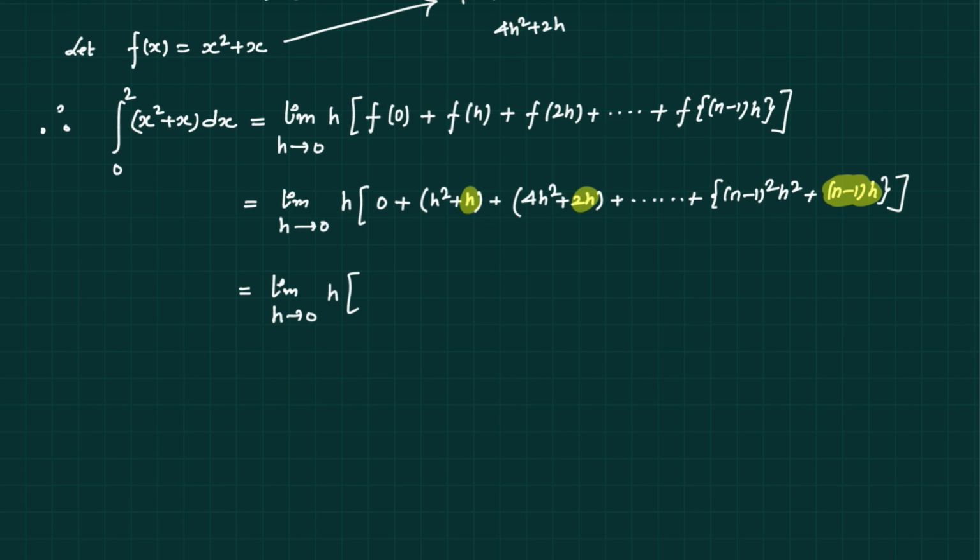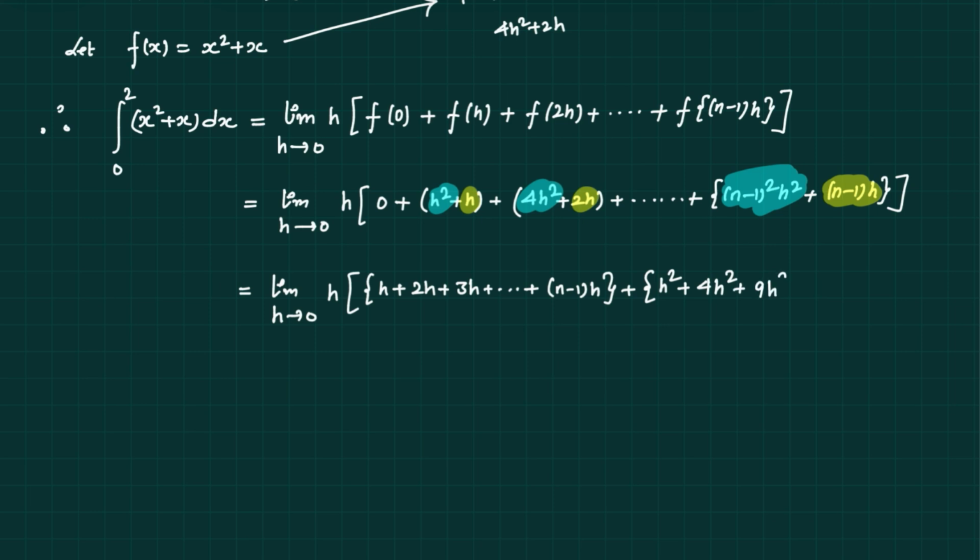So here it will be h plus 2h plus 3h plus up to n minus 1 h, and the other terms, that is h square plus 4h square plus 9h square, and at last n minus 1 square h square together. So here it will be h square plus 4h square plus 9h square plus the last term, that is n minus 1 square h square.